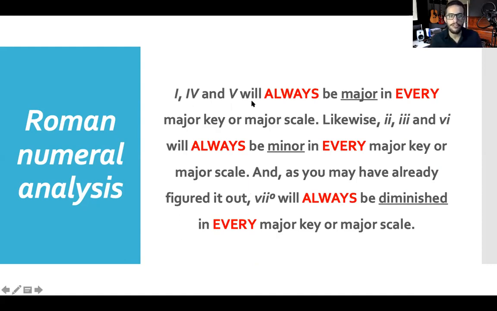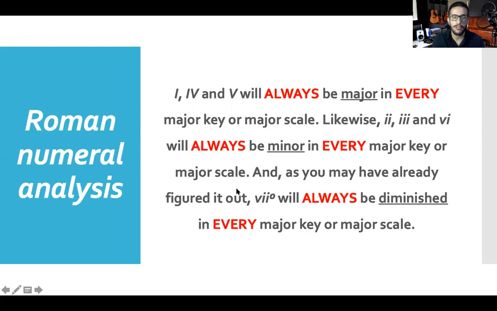1, 4, and 5 will always be major in every major key or every major scale. Likewise, 2, 3, and 6 will always be minor in every major key or every major scale.